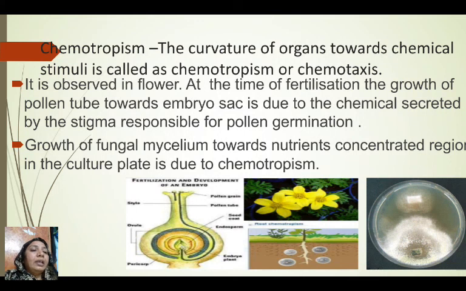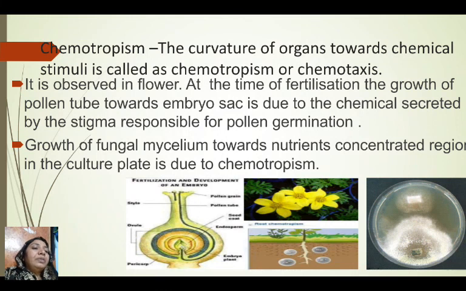The second example can be seen in the second figure. You can see a culture plate having fungal growth. On one side we can see more fungal growth, and in the corner we can see less growth of the fungus. Why does this happen? On one side the concentration of nutrient is high as compared to the other side.